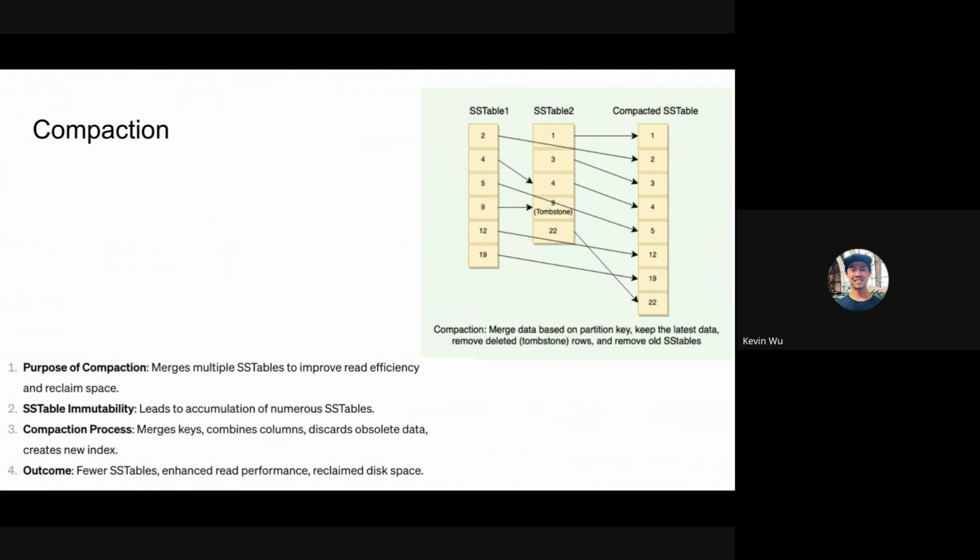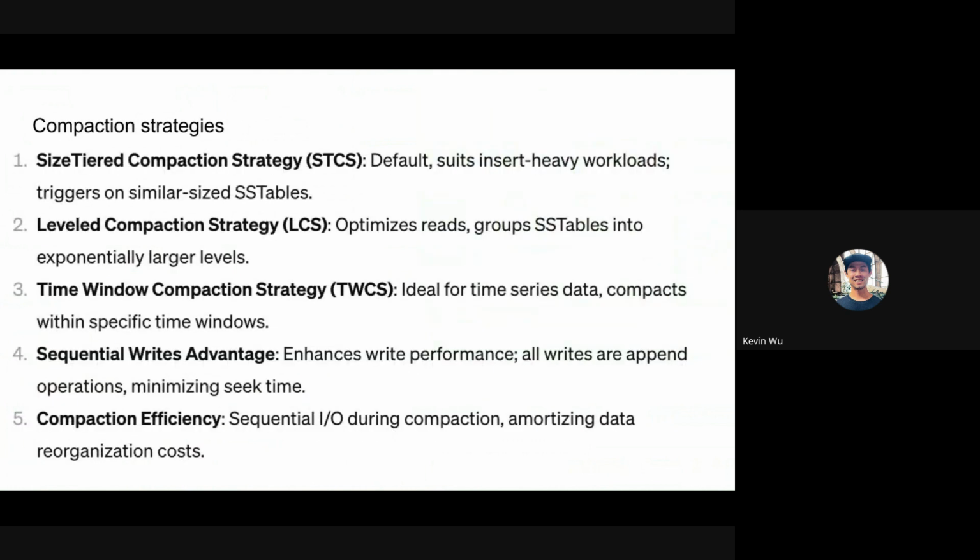The compaction process is, let's say you set a threshold on the number of SSTables before you compact them. This would be the size-tiered compaction strategy. So you would say, okay, I have four of these SSTables now, I'm going to do a merge sort across all four of them. Once you merge them, it becomes a larger SSTable.